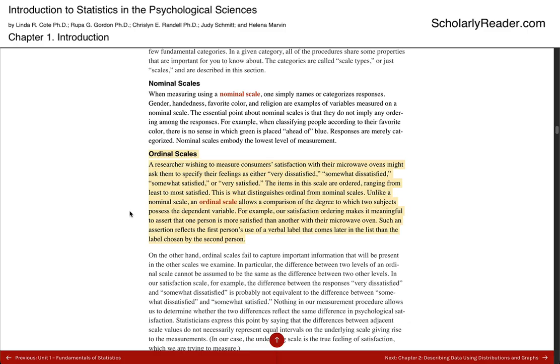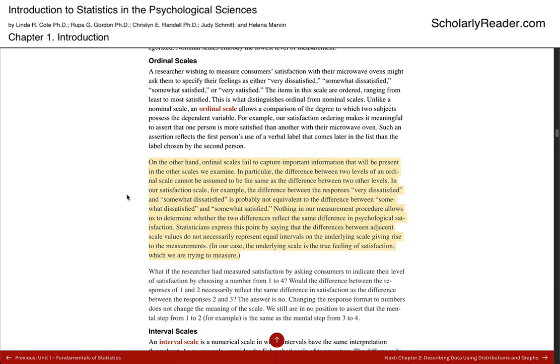Unlike a nominal scale, an ordinal scale allows a comparison of the degree to which two subjects possess the dependent variable. For example, our satisfaction ordering makes it meaningful to assert that one person is more satisfied than another with their microwave oven. Such an assertion reflects the first person's use of a verbal label that comes later in the list than the label chosen by the second person.